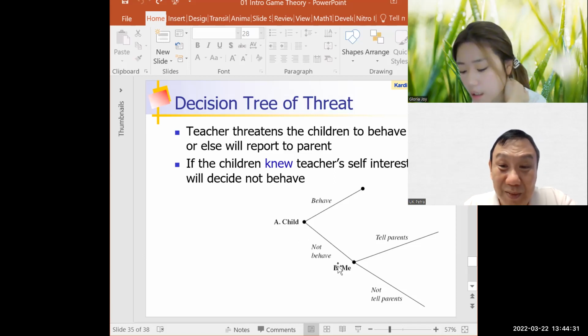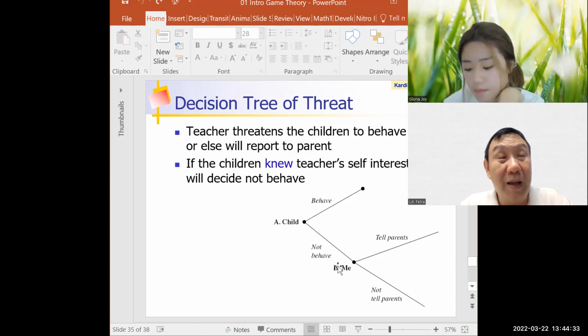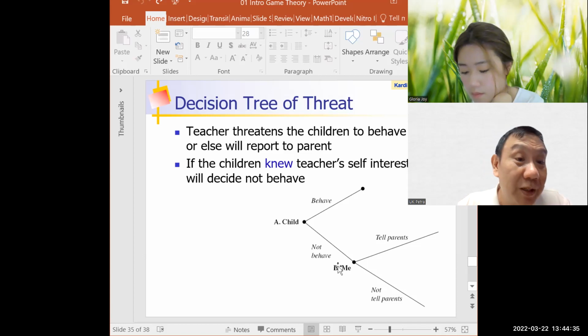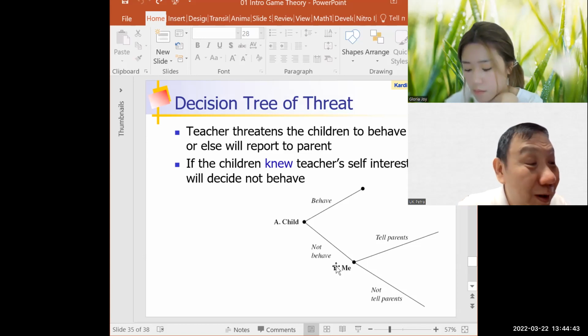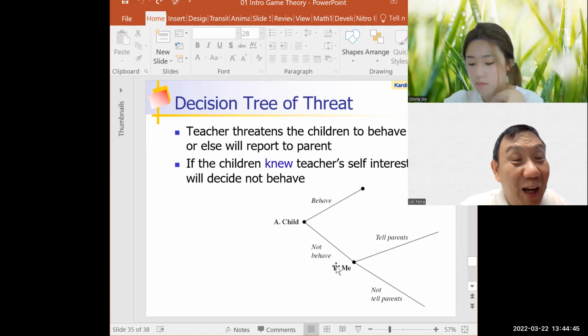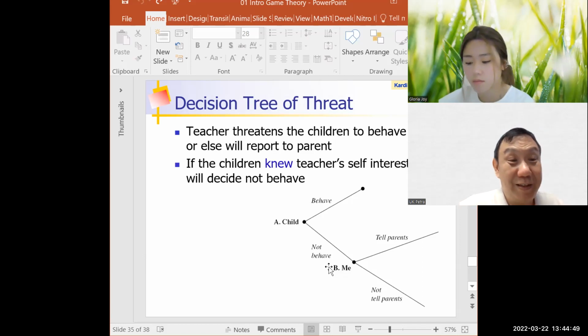So this is the value of information. The threat becomes credible simply because they don't know the actual information about the self-interest of the teacher. Interesting, eh?